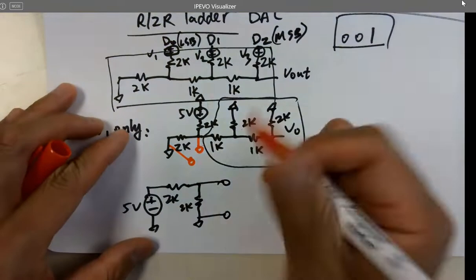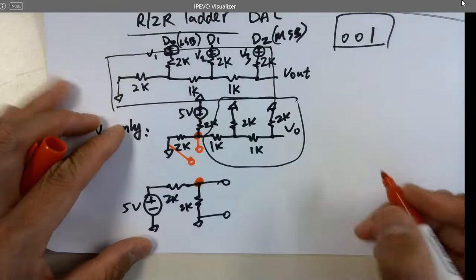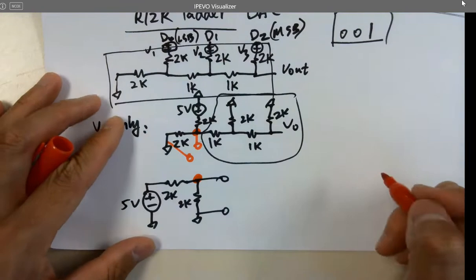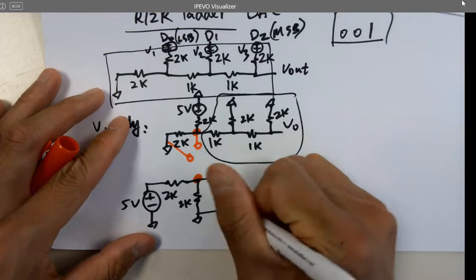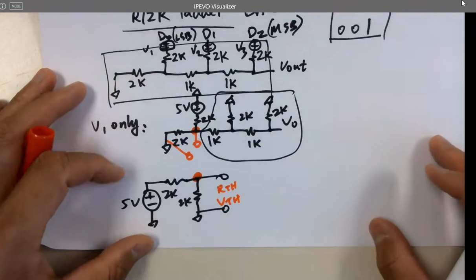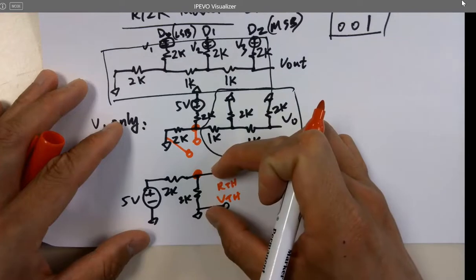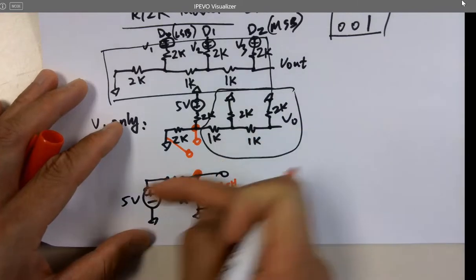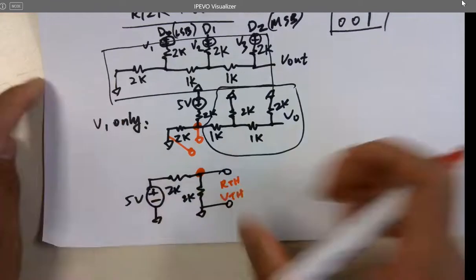So what's the equivalent voltage? I'm looking at this node. I'm trying to find out RTH and VTH. So what's VTH here? And what is RTH if you look backwards?